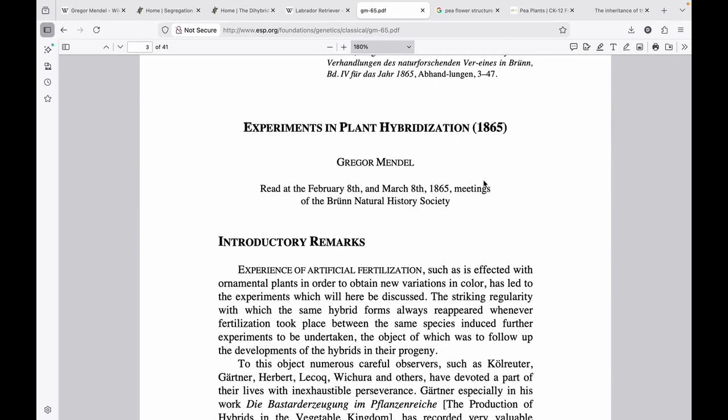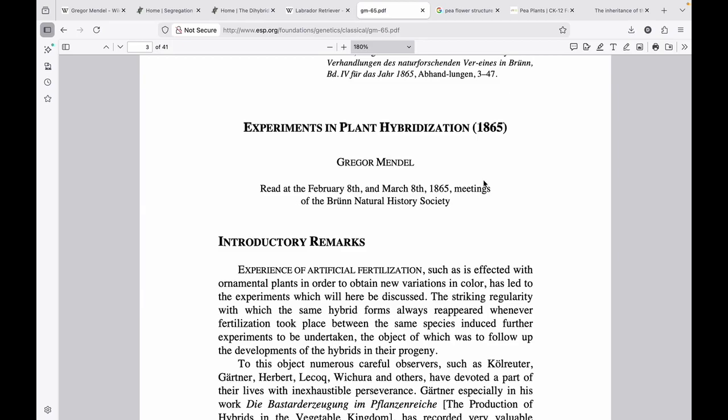Hybridizers would often be the folks that were working in plant breeding or animal breeding, trying to either maintain a particular variety, maintain the characteristics in a variety, or trying to establish varieties that had new combinations of traits.